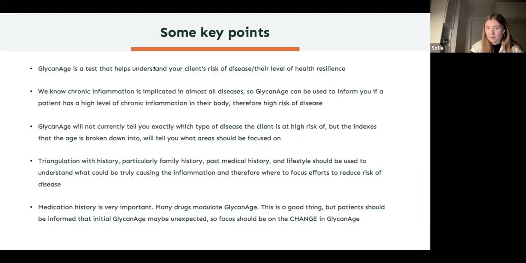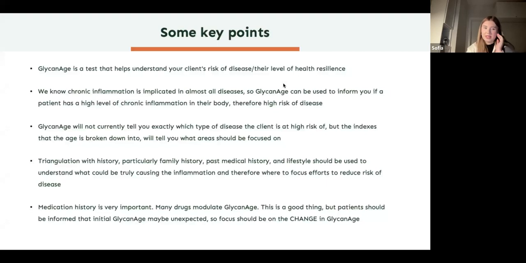Now, let's go through some key points that we have identified so far. So we know that GlycanAge is a test which would help you understand your client's risk of disease or their level of health resilience. And we know that chronic inflammation is implicated in almost all of the diseases. So GlycanAge can be used to inform you if the patient has a high level of chronic inflammation in their body and therefore a higher risk of disease.